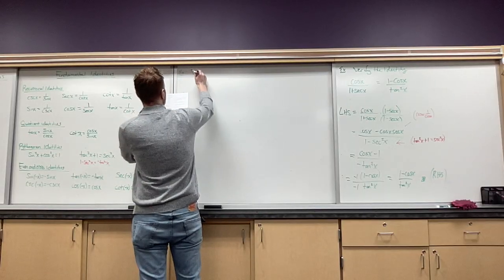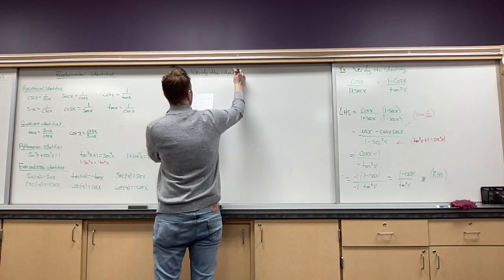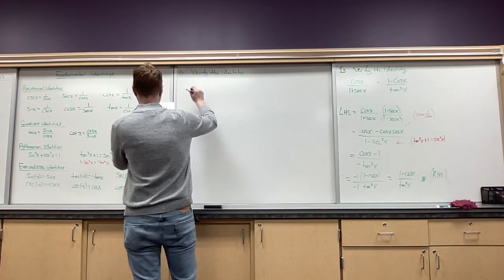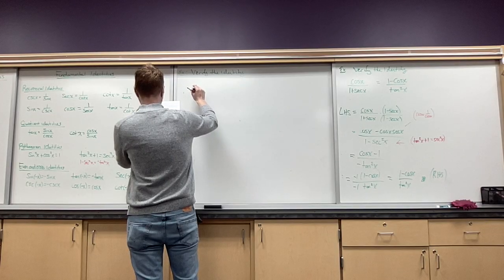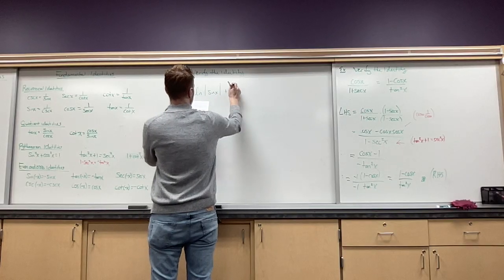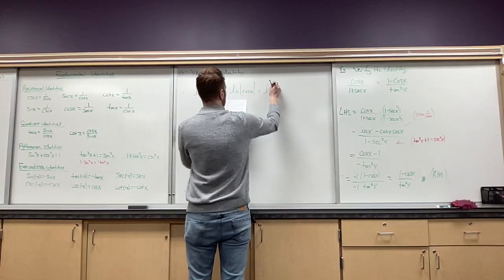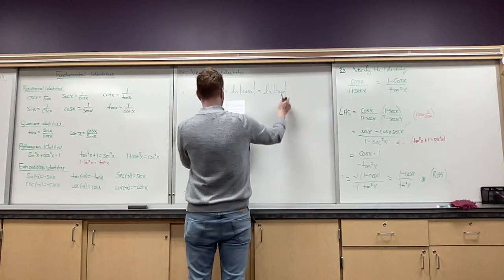Okay, so again, verify the identity. So let's do natural log of sine of x plus natural log of cosine of x equals natural log of cosine of x.